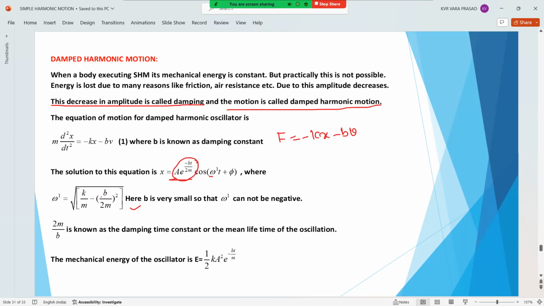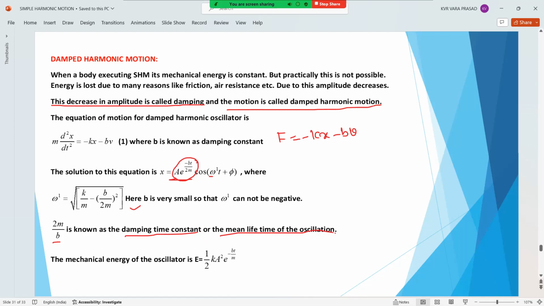Here we are taking these results directly because this mathematics is completely out of our range, so we have to remember this as it is. Here b is very small so that omega dash cannot be negative. Next, 2m by b is known as the damping time constant, or the mean lifetime of the oscillation.